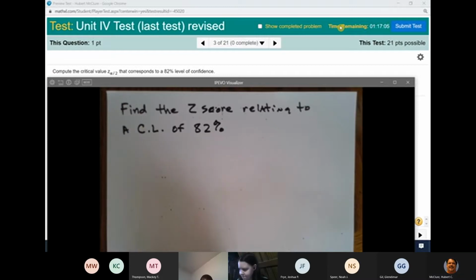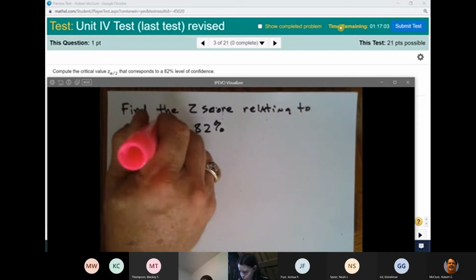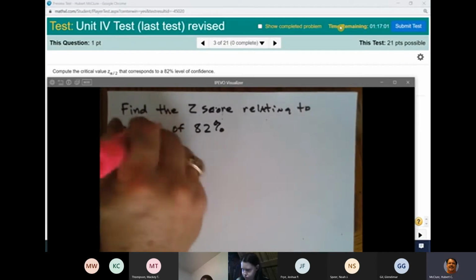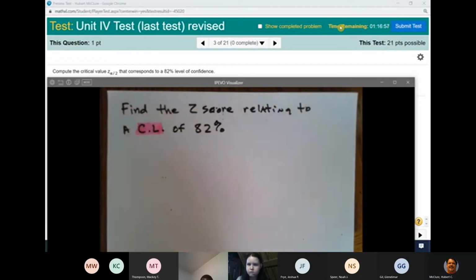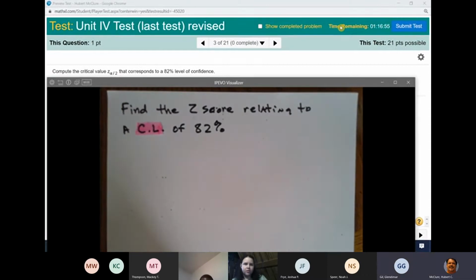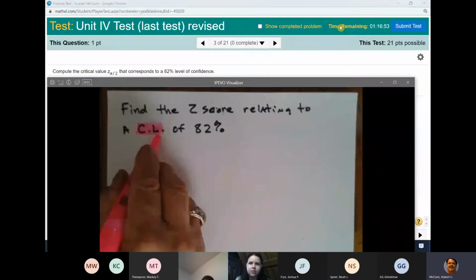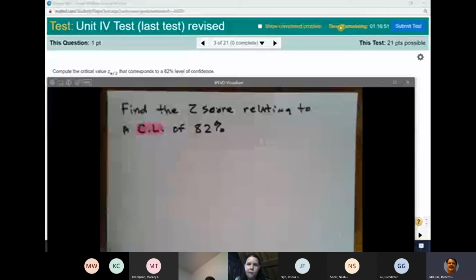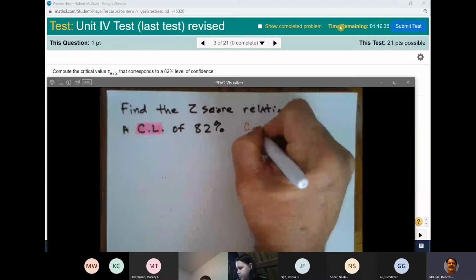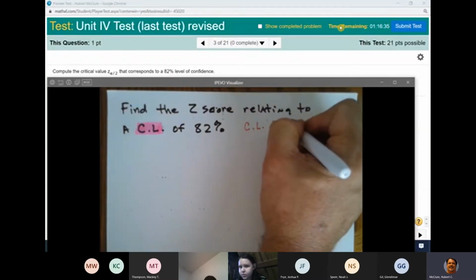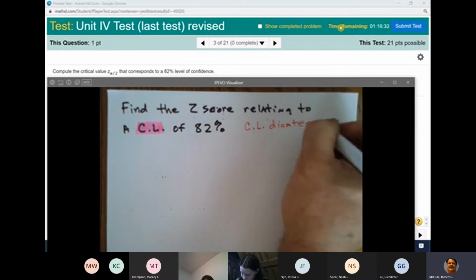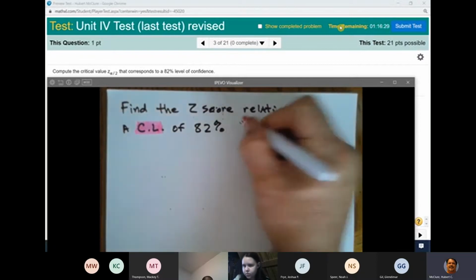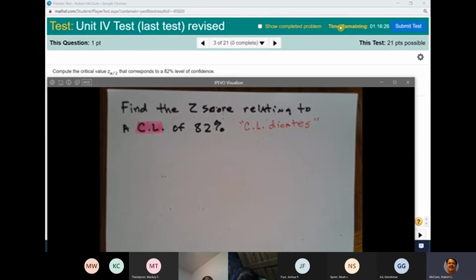The confidence level dictates everything in 9.1. It's like you can't do anything unless the confidence level tells you. There's a homework question that pretty much says this. The confidence level dictates.